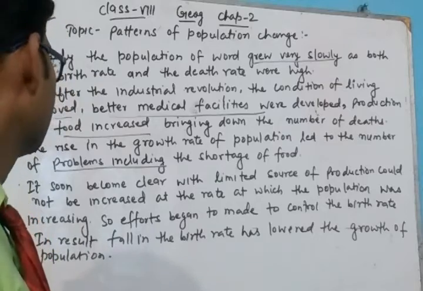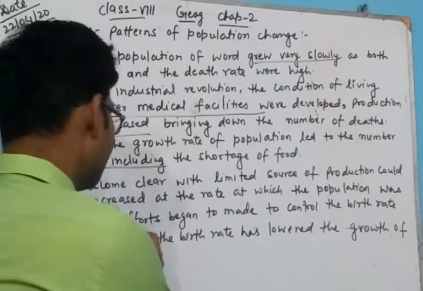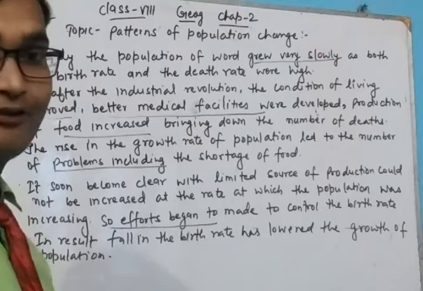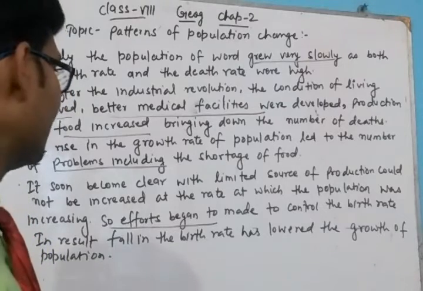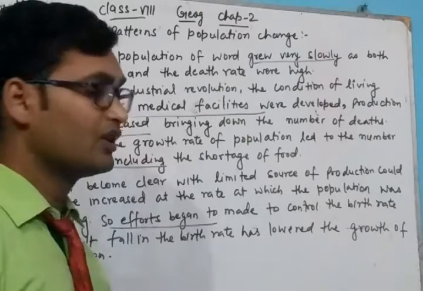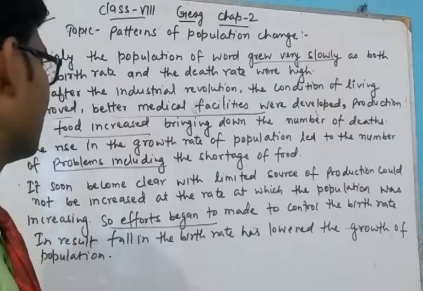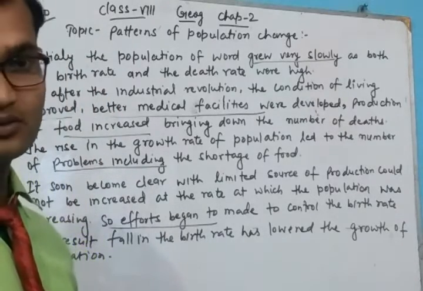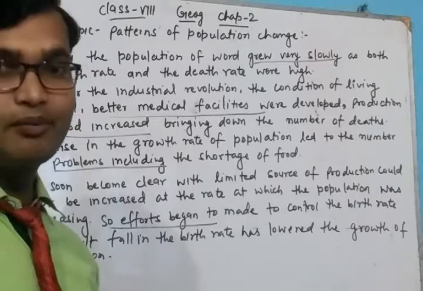After that, many forces began to control the birth rate. As a result, the falling birth rate lowered the growth rate of the population.